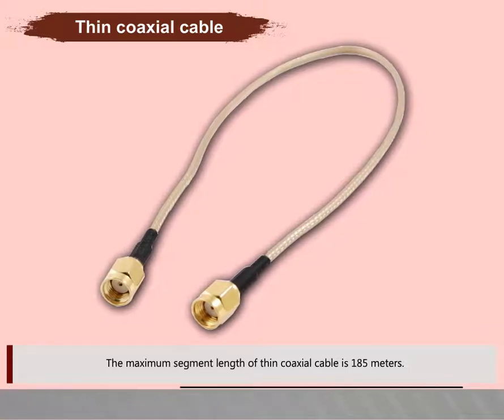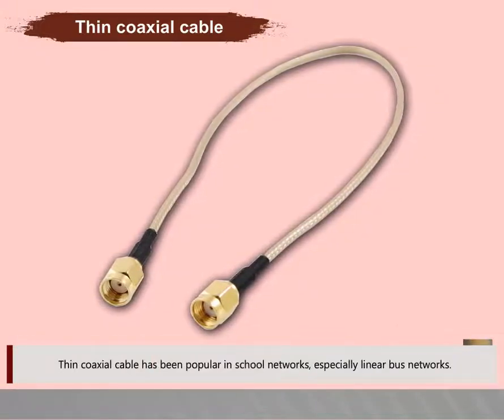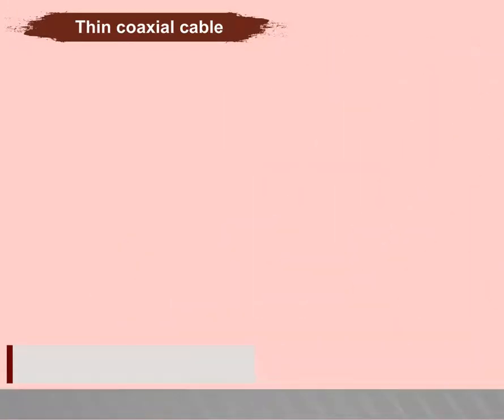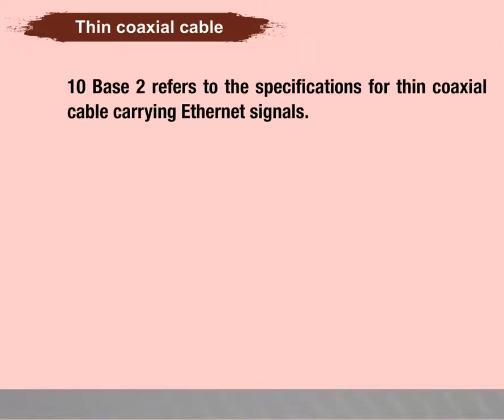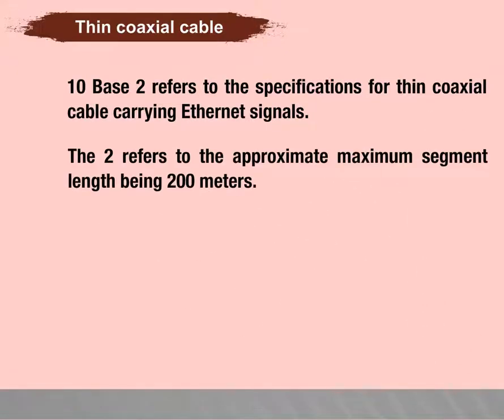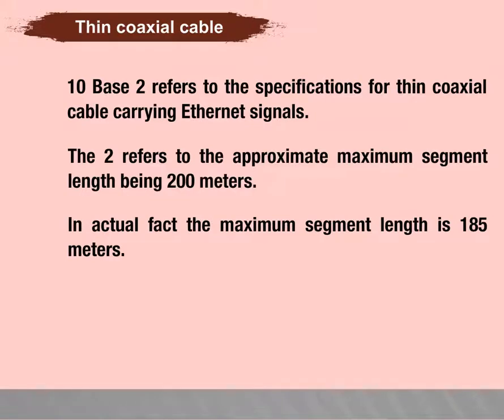The maximum segment length of thin coaxial cable is 185 meters. 10Base2 refers to the specification for thin coaxial cable carrying Ethernet signals. The 2 refers to the approximate maximum segment length being 200 meters. In actual fact, the maximum segment length is 185 meters.